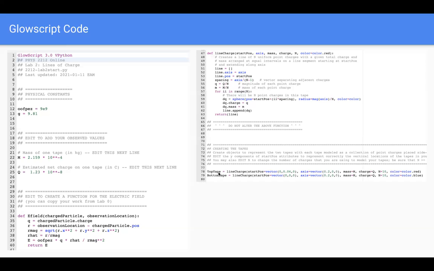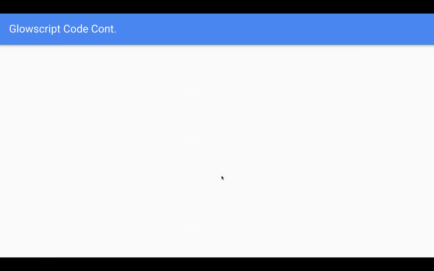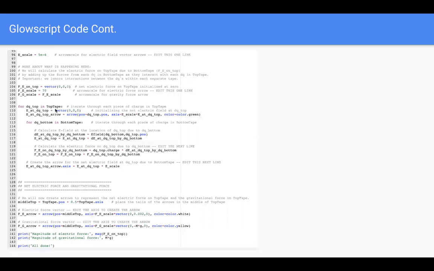Here you can see how we created a top tape and a bottom tape. These for loops calculate the electric force on the top tape due to the bottom tape, by adding up each little piece of the charge. Then in the code you can see the two arrows, the white and the yellow one, and the green one is up here, making one for each piece.